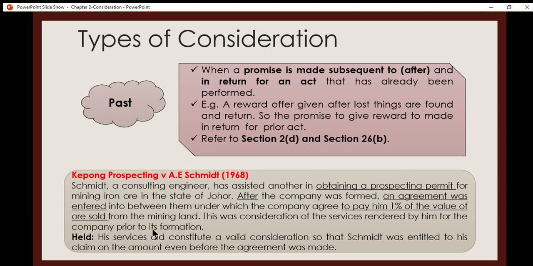So his service did constitute a valid consideration, so that Smith was entitled to his claim on the amount even before the agreement was made. Since past consideration is valid consideration, he was entitled to claim the money from the company.